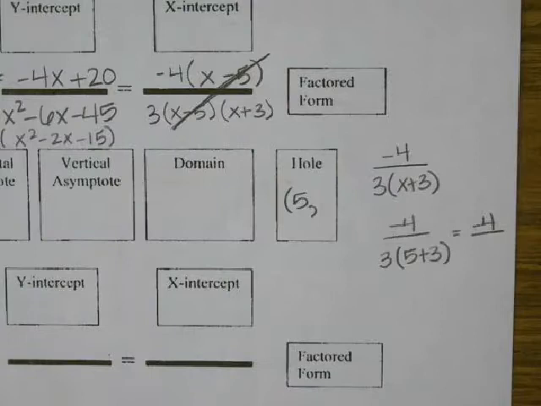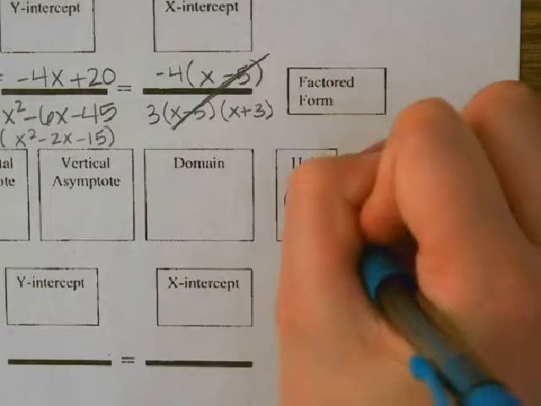Negative 4 over 3 times 8, which is 24. What's negative 4 over 24? Negative 1 over 6.